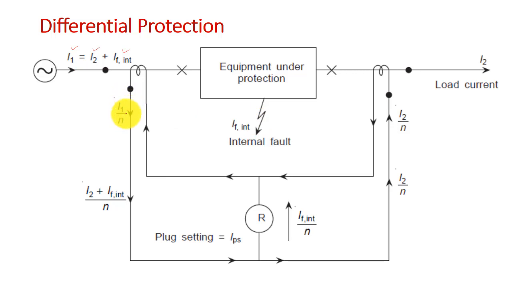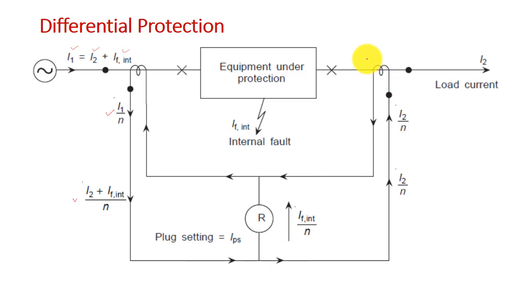Therefore, the current flowing through this CT secondary will be I1 by N, and that is nothing but I2 plus If internal, by N.